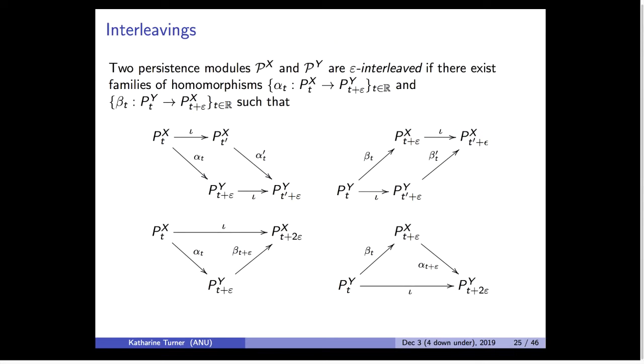Okay? Now, one of the things people like about persistence modules is you can, instead of just thinking about I have a point here and a point here, and it sort of seems slightly arbitrary, you can think of these things in a more sort of functorial way, and you can have these sorts of maps between different persistence modules, and we will see that the bottleneck distance corresponds to properties of this. So one of the things that's most common is these interleavings.